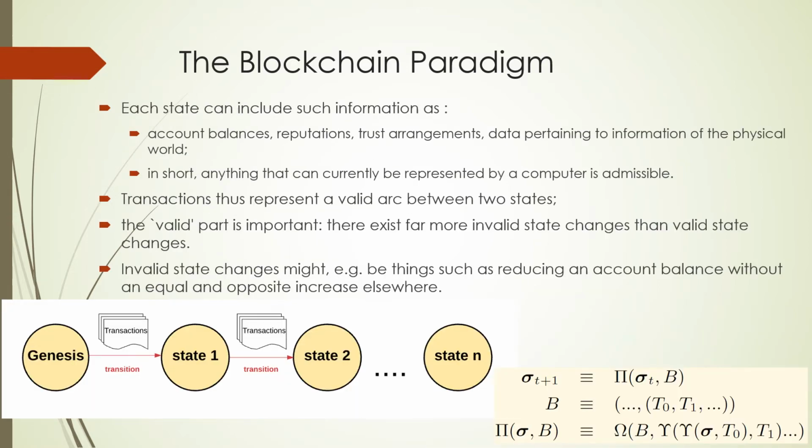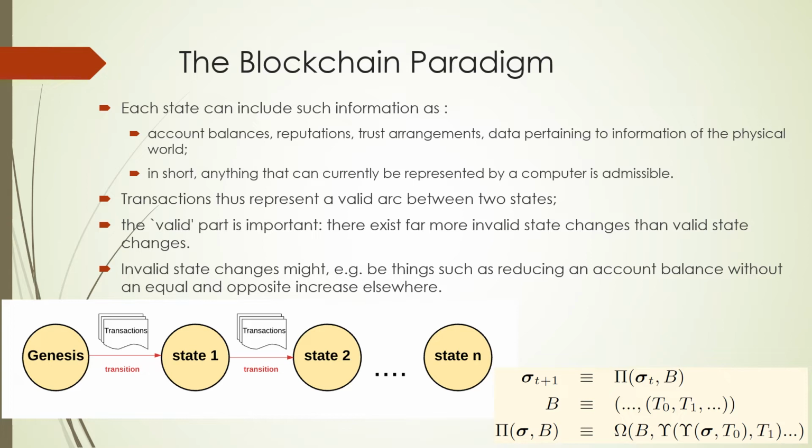Now that you're familiar with the concept of states and transactions and blocks in Ethereum, let's take a closer look at state transition functions, that basically regulate the transition and state change in the Ethereum state machine.